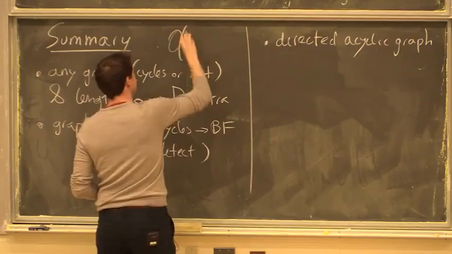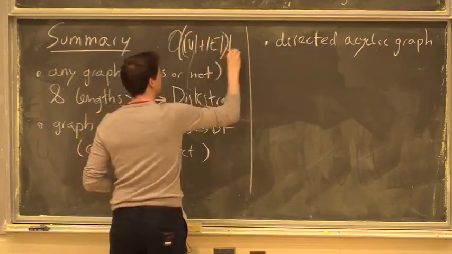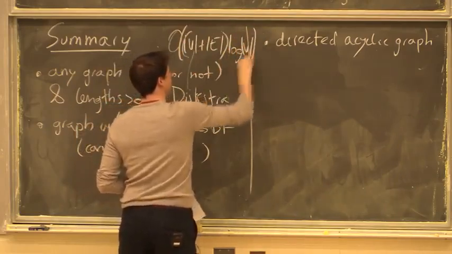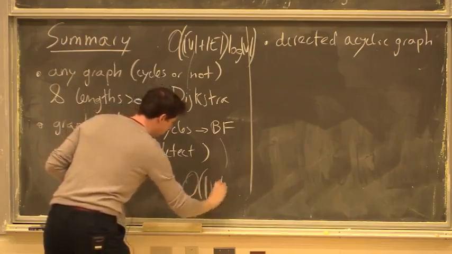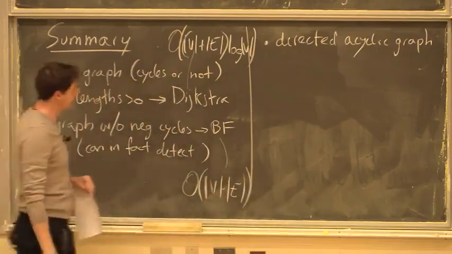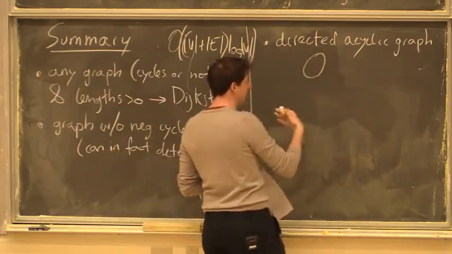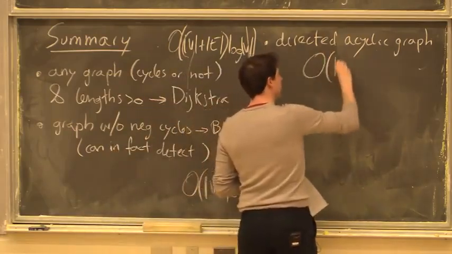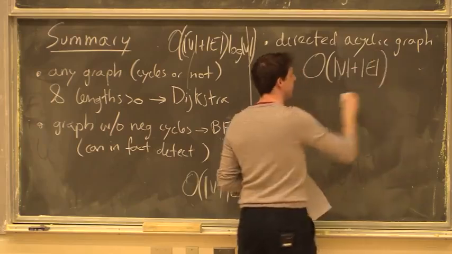So this would be quasi-linear, because you have this extra log V due to the priority queue, and this one is either quadratic or cubic, depending upon how dense is your graph. Here, it's basically going to be a very quick remark. It turns out you can find shortest paths in directed acyclic graphs in linear time.